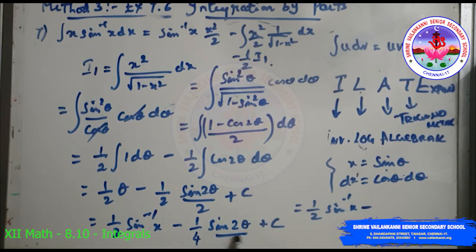I am writing this sine 2 theta as 2 sine theta cos theta. So minus 1 by 4 of 2 sine theta cos theta plus c. So cos theta is root of 1 minus sine square theta. So I can write this as minus 1 by 4, 2 into sine theta into root of 1 minus sine square theta, plus c.